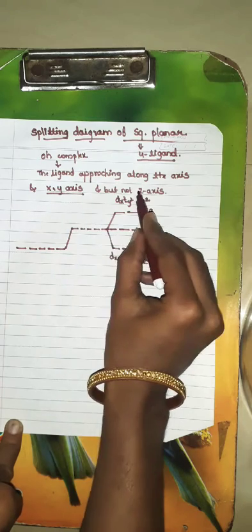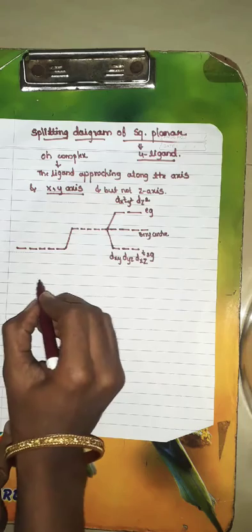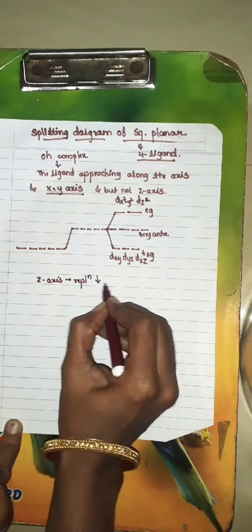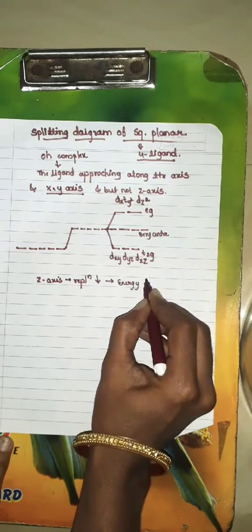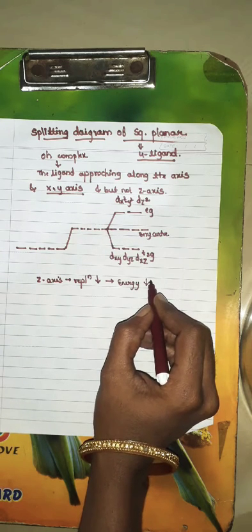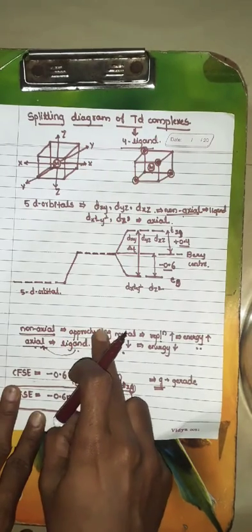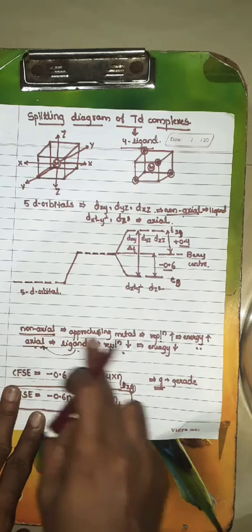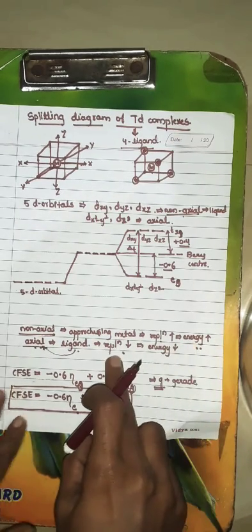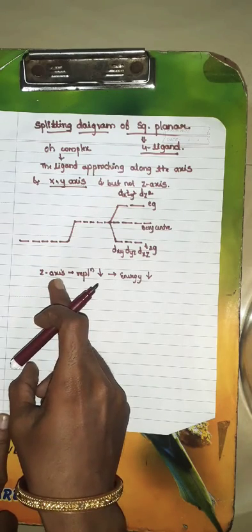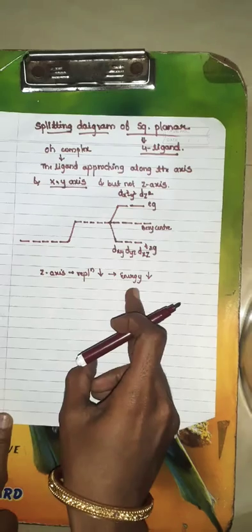Along the z axis no ligand approaches, therefore repulsion decreases, and energy also decreases. I explained this in tetrahedral complexes: when repulsion increases, energy increases; when repulsion decreases, energy decreases. Here also there is no ligand along the z axis, therefore repulsion and energy decrease.